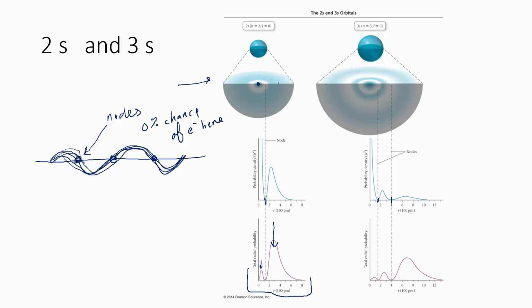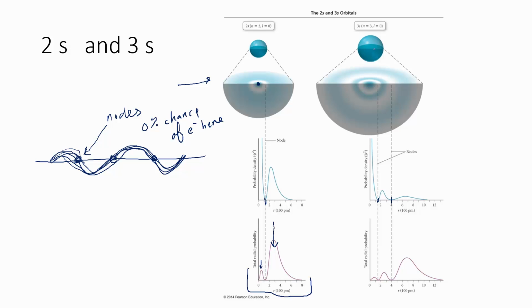This whole set represents the same orbital, the same electron. There's a little area in the middle and a much bigger and more likely area overall because of the volume it occupies farther out.